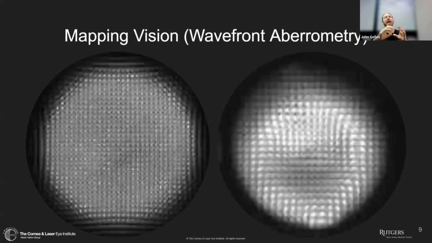To give you an idea of this, on the left is an individual with a normal eye. On the right is an individual with keratoconus. Now, the thing about a wavefront aberrometer is that it can't differentiate a normal cornea from an abnormal cornea.